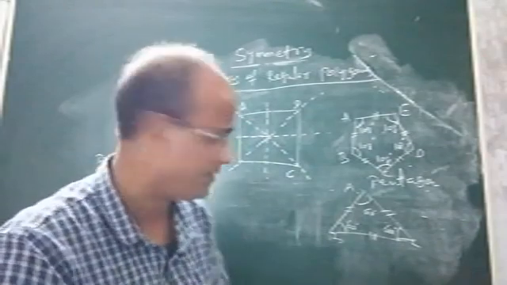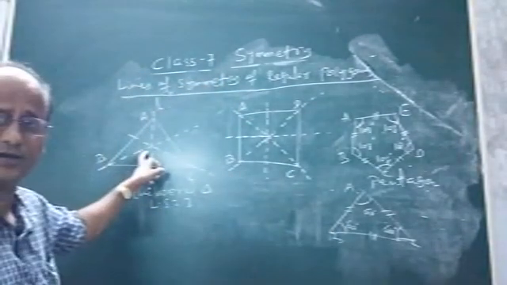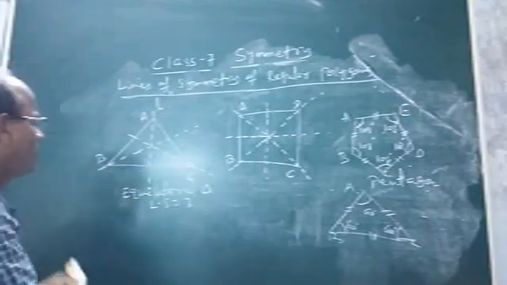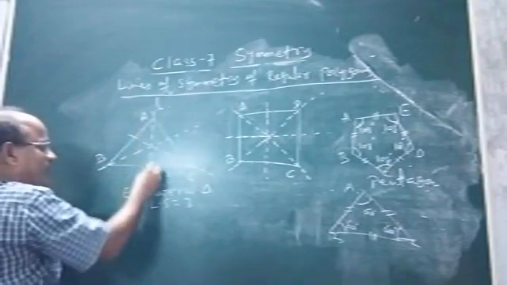Let us see. Already I have discussed this. Suppose this is an equilateral triangle ABC.